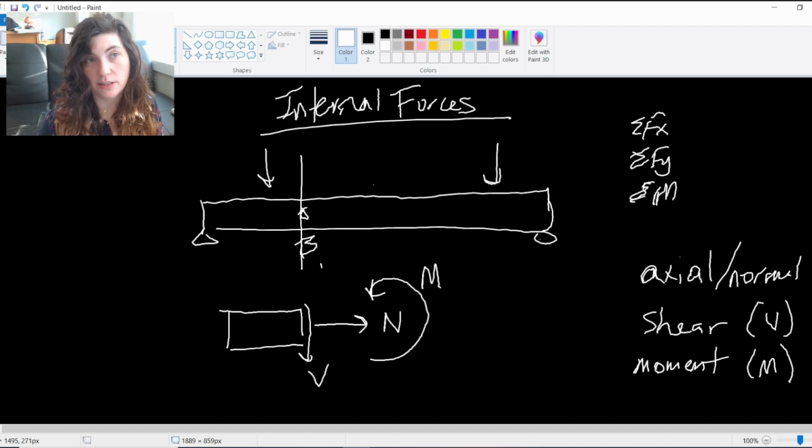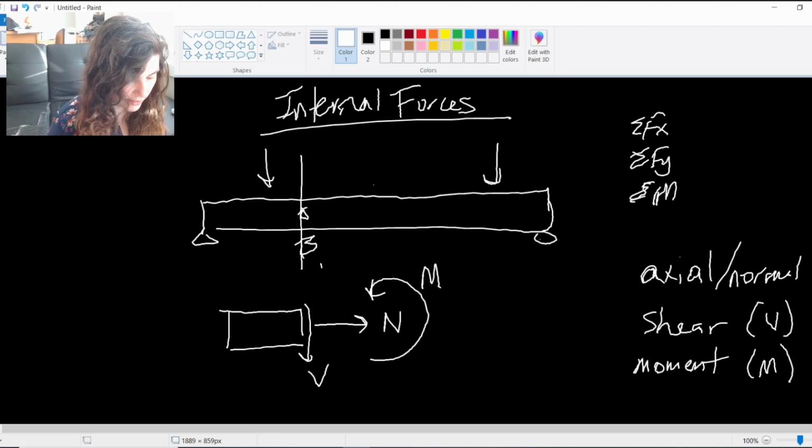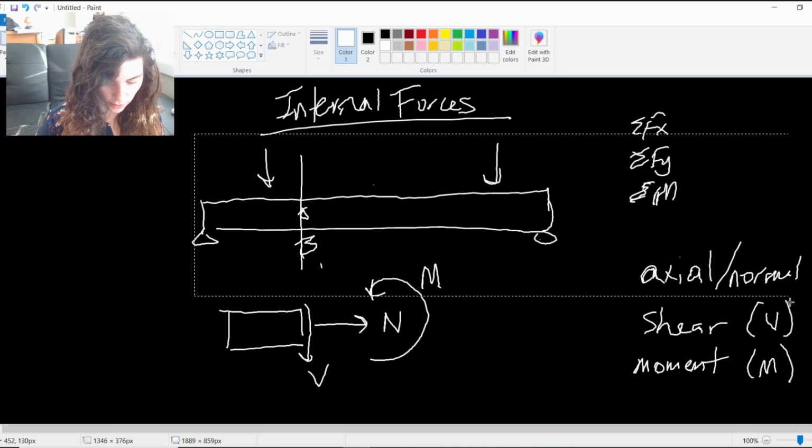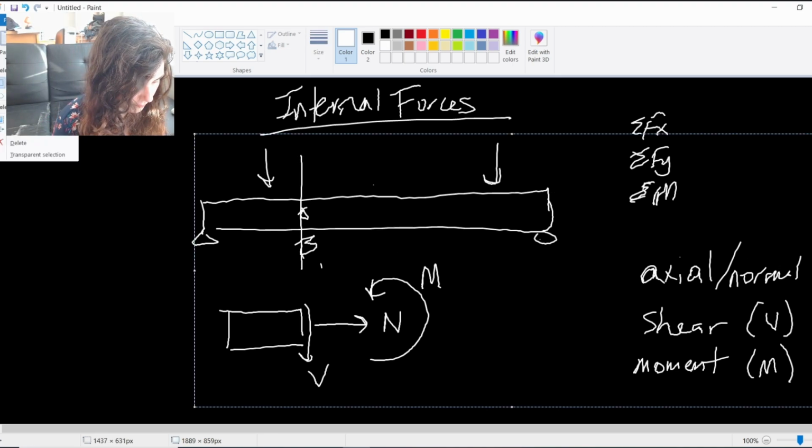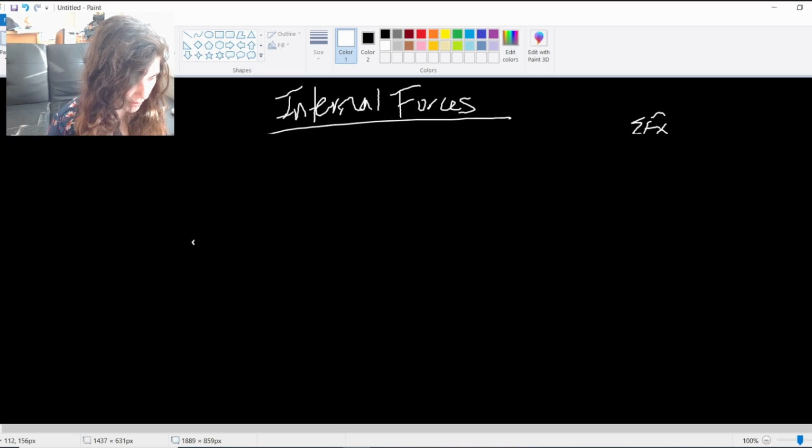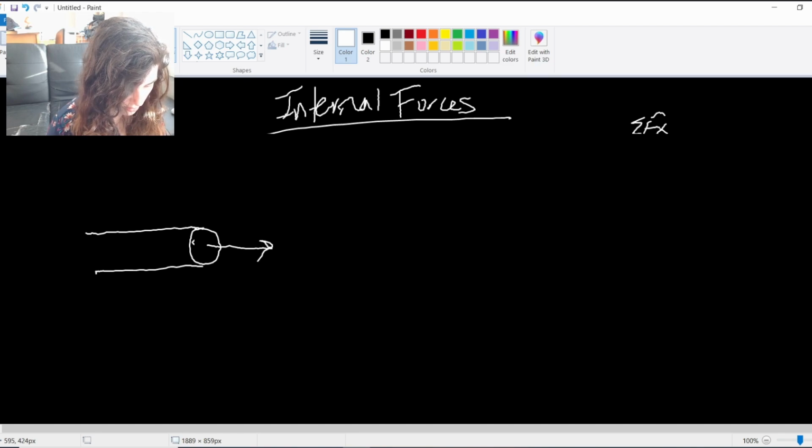We also have in 3D some of these same forces, and they get a little bit different labels in 3D. So if we were to have this same beam, but now take it in a 3rd dimension, what we would have is a normal force along the axial.